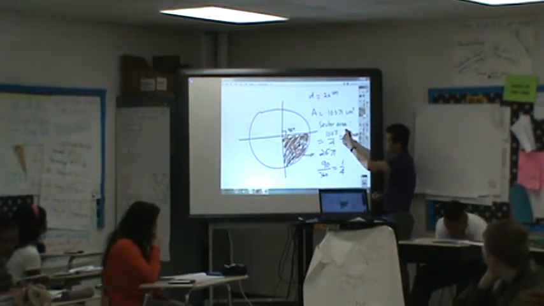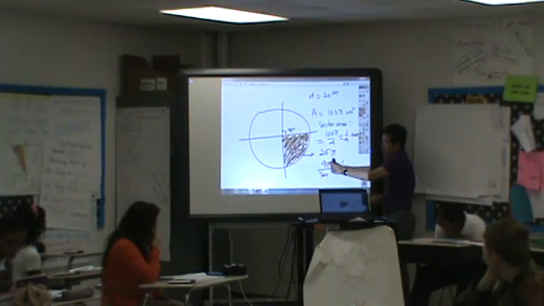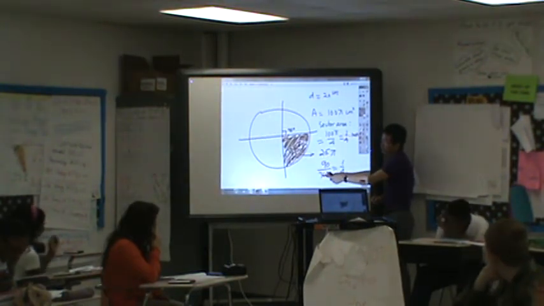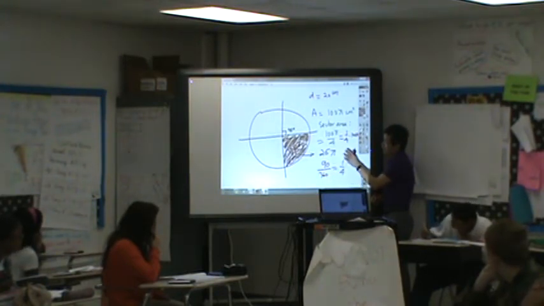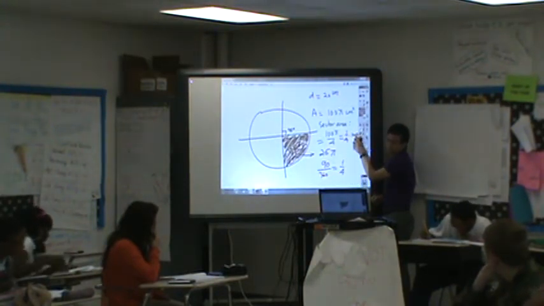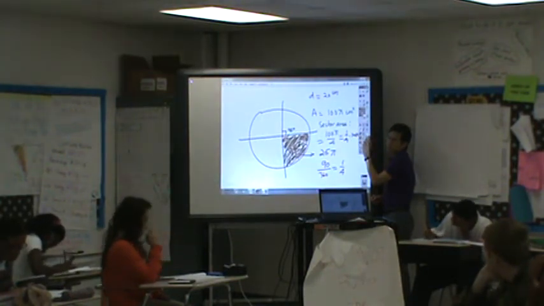This ratio 1/4 is the ratio of the arc or the central angle divided by the whole circle, multiplied by the area. It's easy when it's divided into 4, so you've got to remember that ratio.